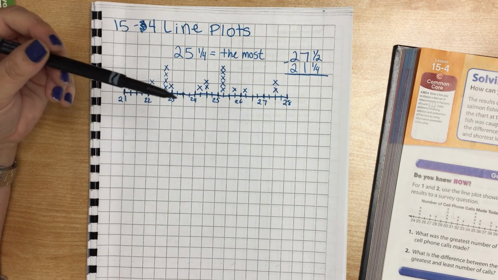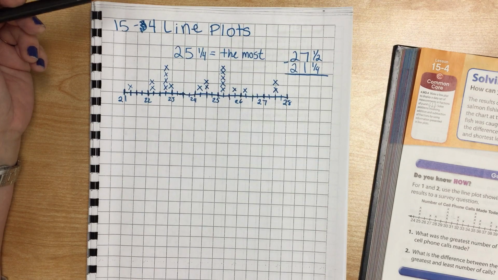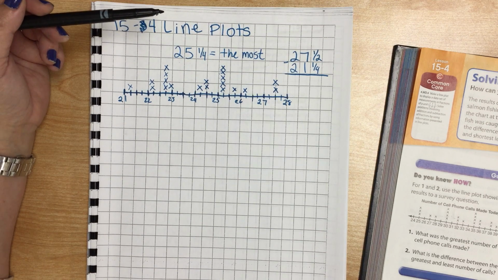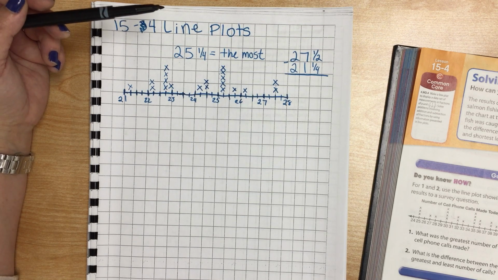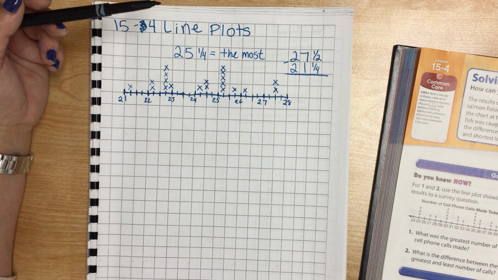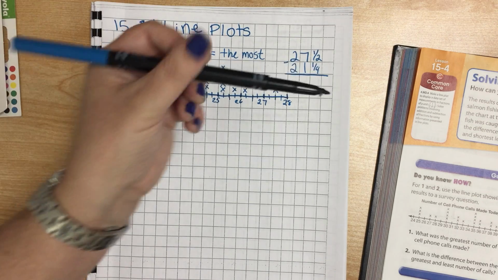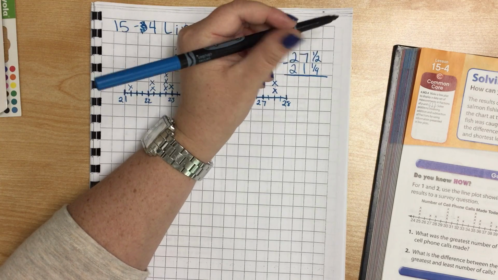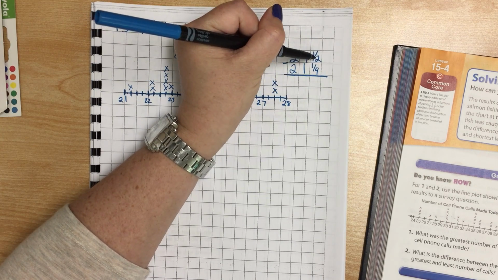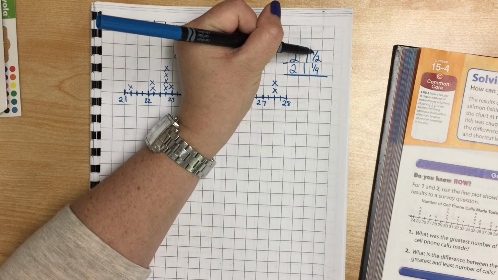I can't subtract 1/4 from 1/2. So what do I have to do? Their denominators need to be the same. So to become a 4, what do I have to do? Times 2. So 2 times 2, and then 1 times 2.